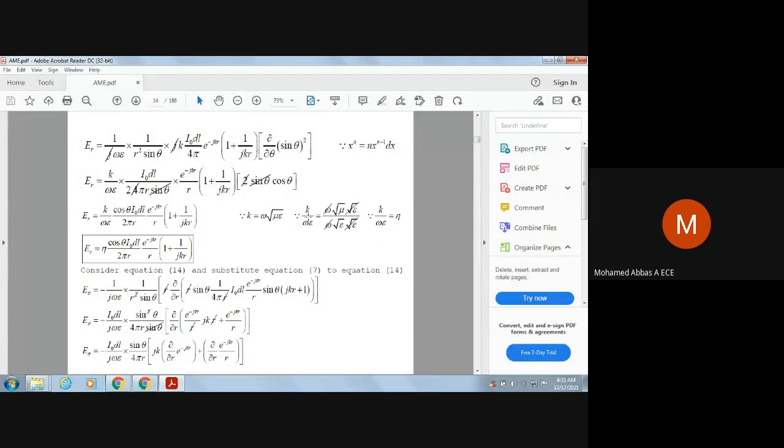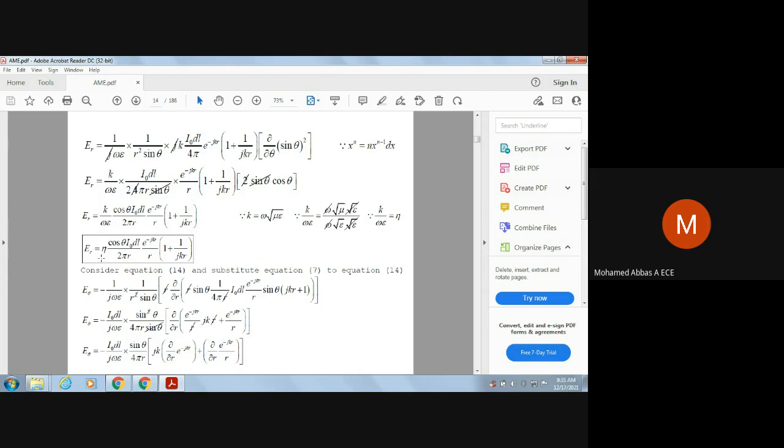So k by omega epsilon is now eta, and this value is substituted in the Er equation. So Er equals eta cos theta I0 dl by 2 pi r e power minus jkr by r into 1 plus 1 by jkr. So we have found the electric field component along the radial direction.